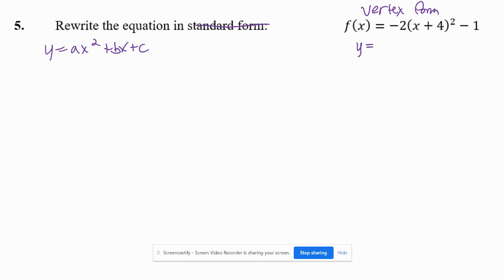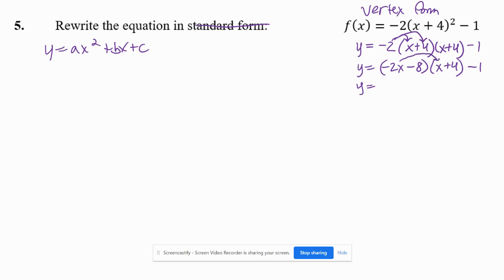So we have y equals negative (2x plus 4). We're going to multiply that by itself twice, just like the exponent tells us. I'm going to go ahead and distribute this. Negative 2x, negative 8. We want to multiply all of that by (x plus 4). And there's still minus 1 on the outside.